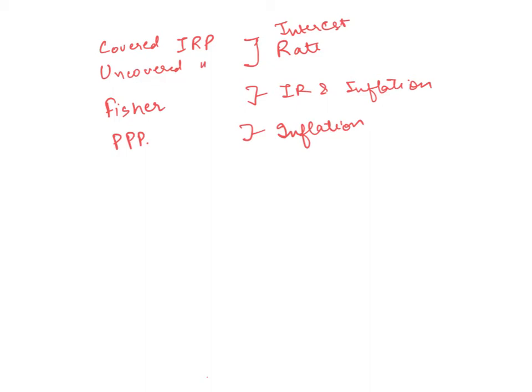Now let's start with the covered interest rate parity. It's called covered because it's covered by the forces of arbitrage. The concept is very simple. If there was no covered interest rate parity, people could have acted really smart, and what they could have done very easily was take a loan in one currency, get it converted into another, and just let it sit in a bank, and at the end of the year reap benefits.